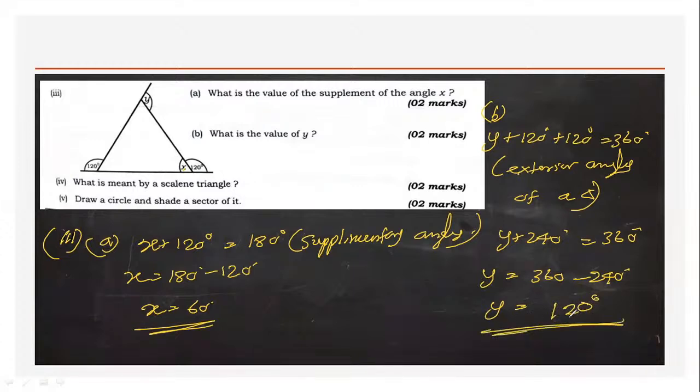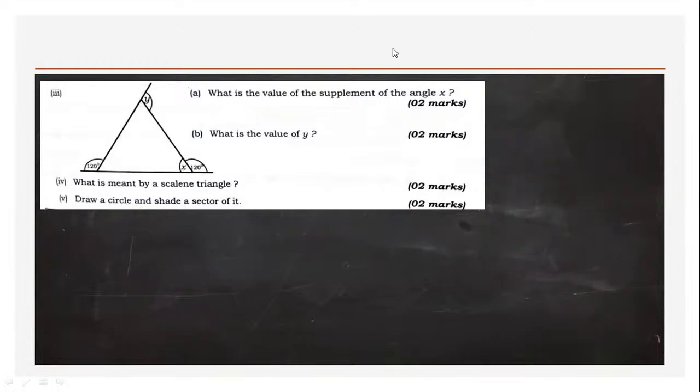Y is 120 here. What is meant by scalene triangle? A triangle of which all the three sides are unequal in length is known as a scalene triangle. I will erase this and I will give the answer for the fourth part of this.